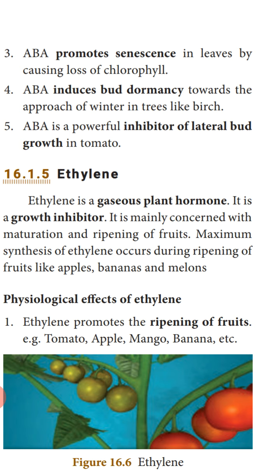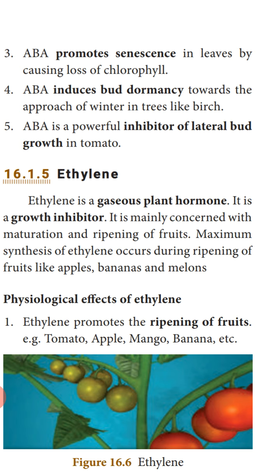It will start losing its green color, and the green leaf will slowly turn yellowish, then brown, and finally dry up. So ABA promotes senescence in leaves by causing the loss of chlorophyll. When the leaf matures, the loss of chlorophyll, who is helping there? This ABA is helping there.